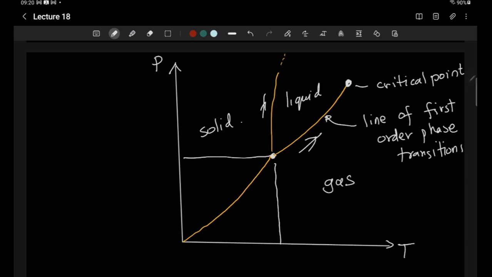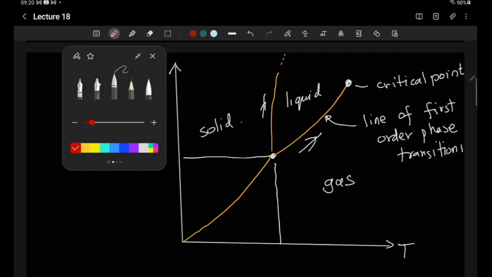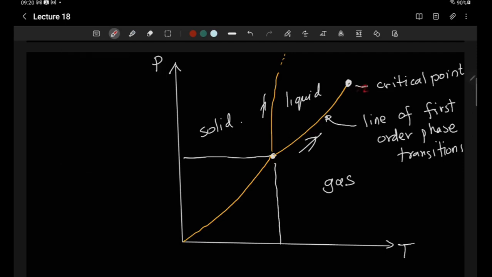Actually, here you can do one thing. I'll draw something, and then we can peacefully go from the liquid phase to the gas phase or vice versa by just going around the critical point. You wouldn't notice it. Somewhere out here, what will you call it? Is it liquid or gas?